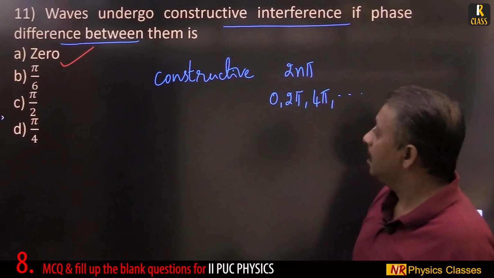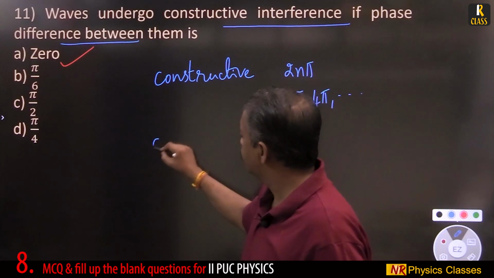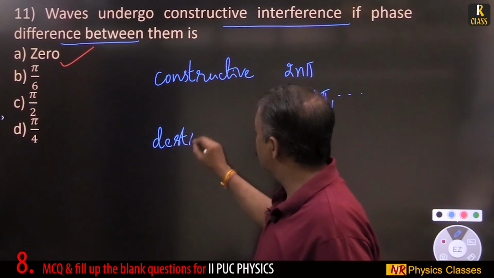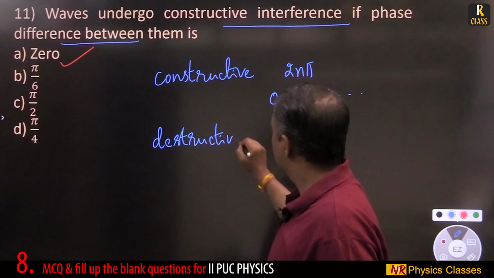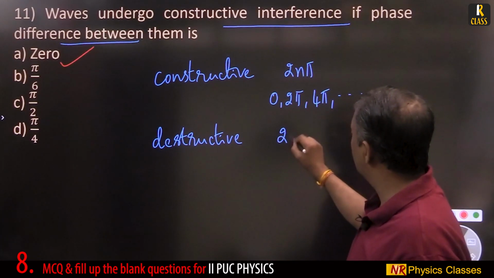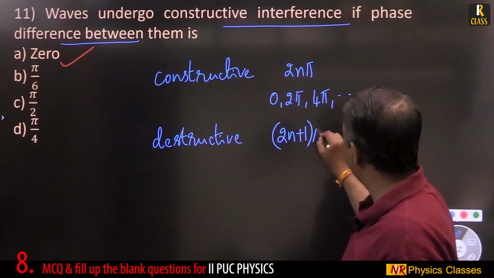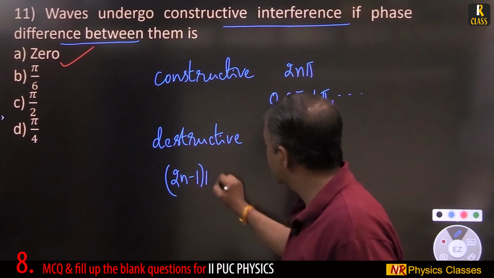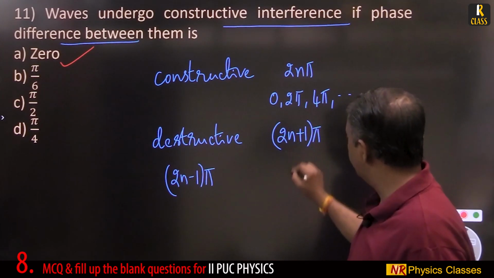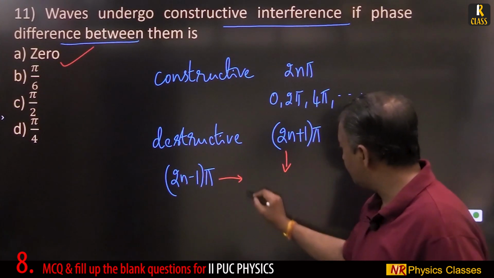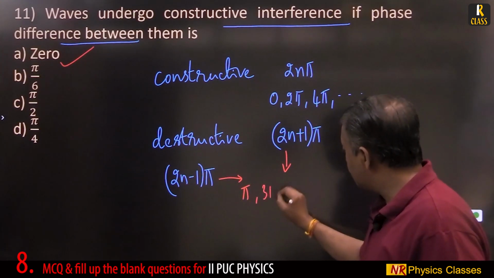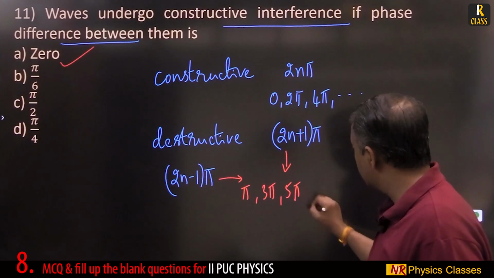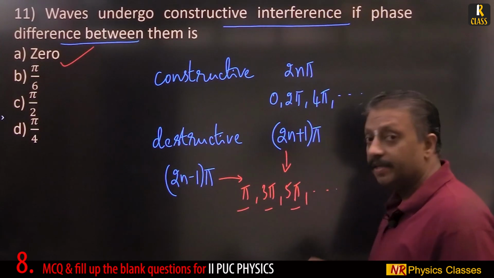And destructive interference is (2n+1) pi or (2n-1) pi, which gives pi, 3 pi, 5 pi, odd multiples of pi.